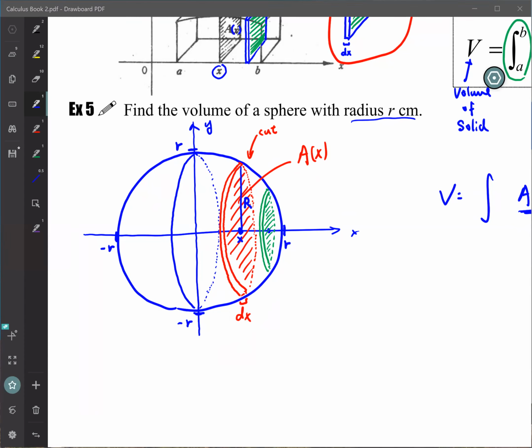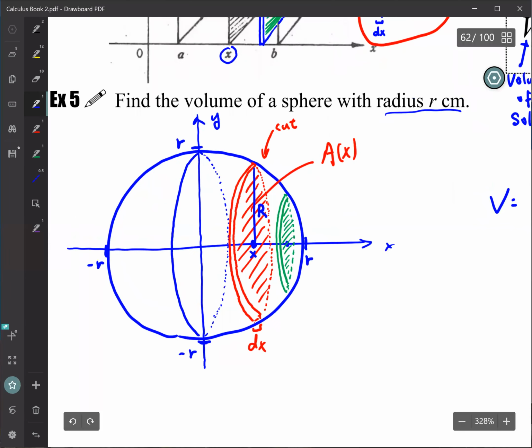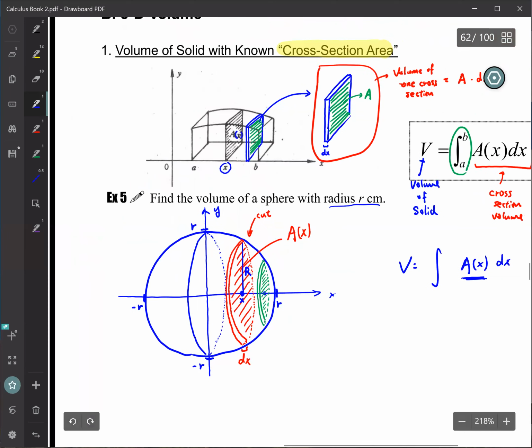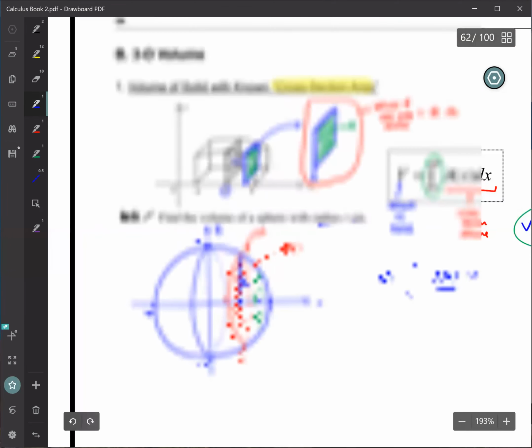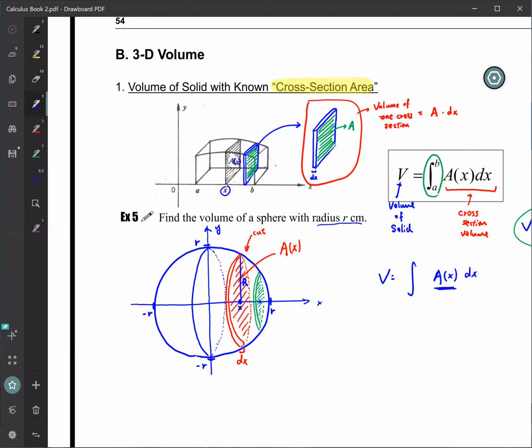Jason, I have a question about the radius part. For the cross section drawing that you did above, the volume of one cross section equals area times dx. How does that work for circles? Is it just pi r squared times dx?